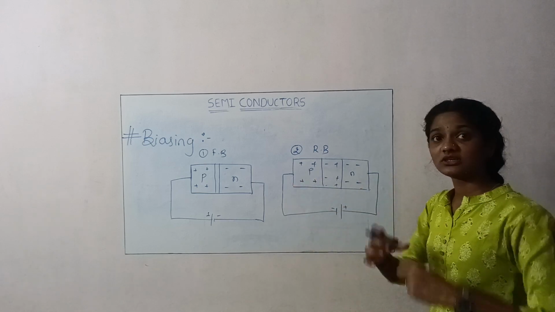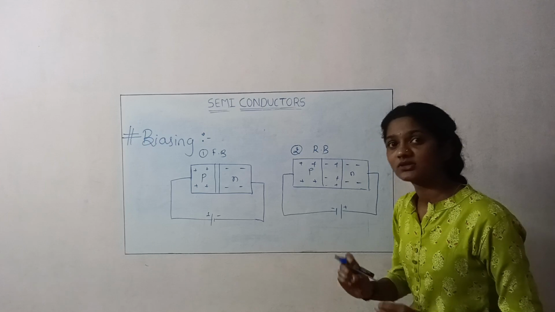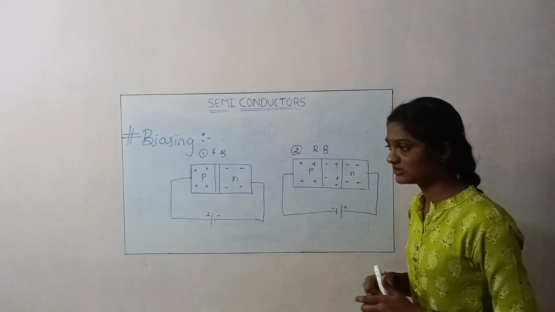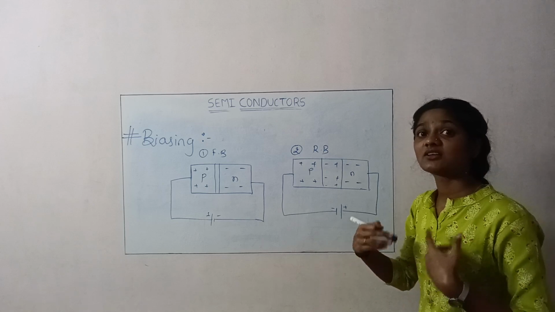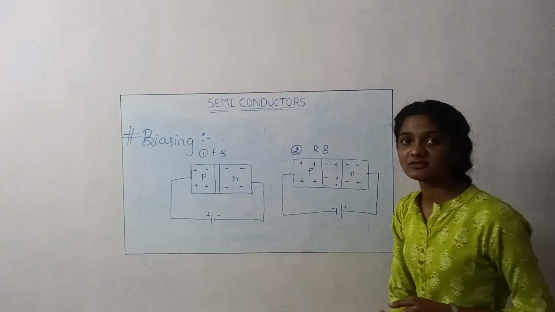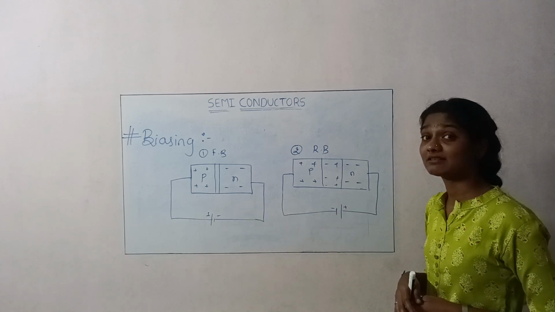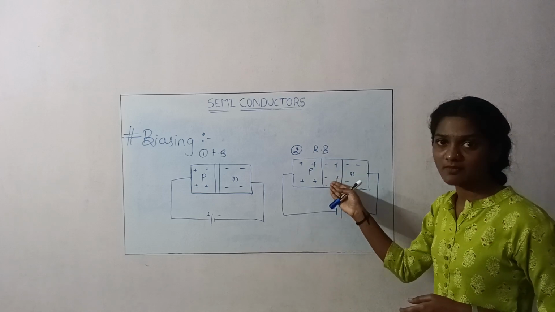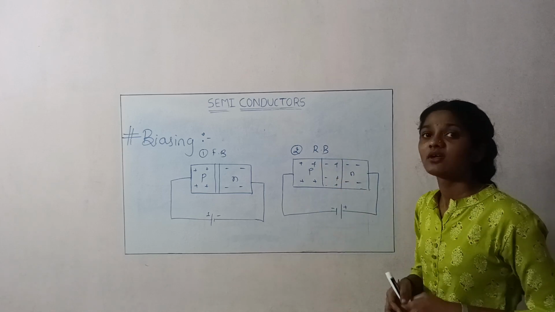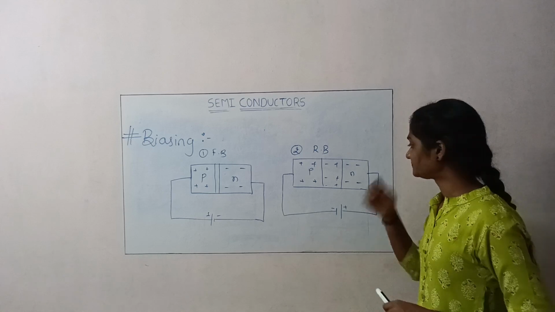So the length of the depletion region is increased. When the length of the depletion region increases, it will act like an insulator. In forward bias, it will act like a conductor. In reverse bias, it will act like an insulator. It does not conduct electricity because the depletion region acts like a barrier.